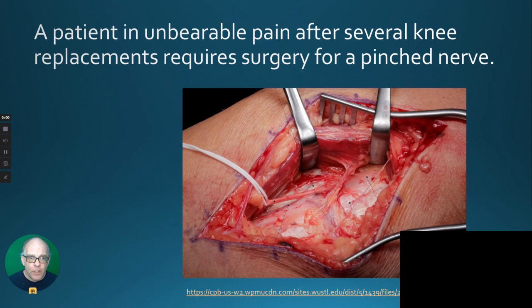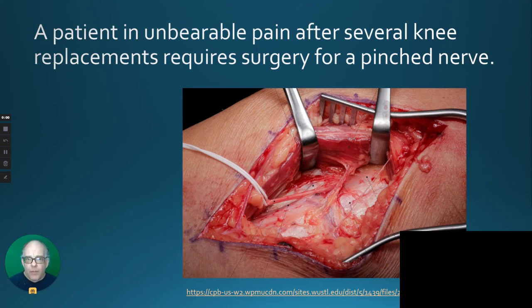As I said, this is a real life example. Looking at the considerations associated with the surgeon who was working with a 50-year-old patient who had undergone several knee replacement surgeries, and in the process of these knee replacements had built up a fairly significant amount of scar tissue damage within this region, resulting in the saphenous nerve being pinched in this area.